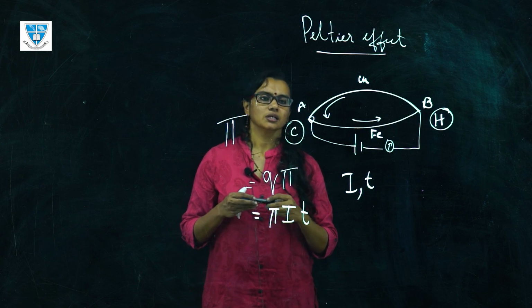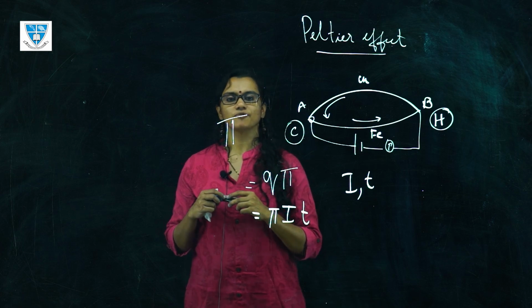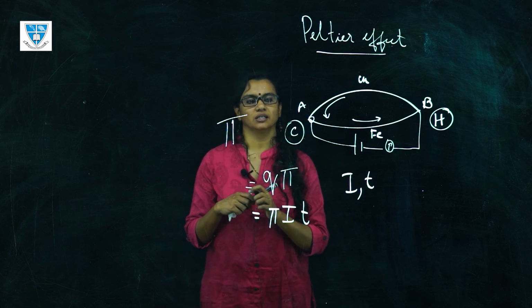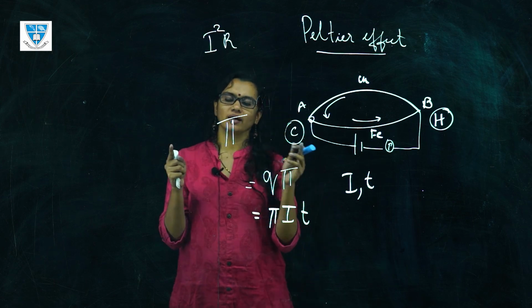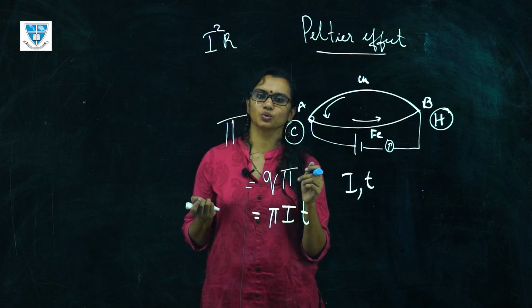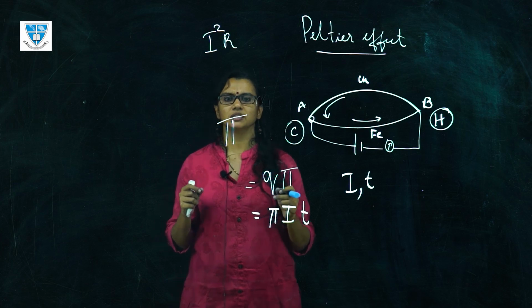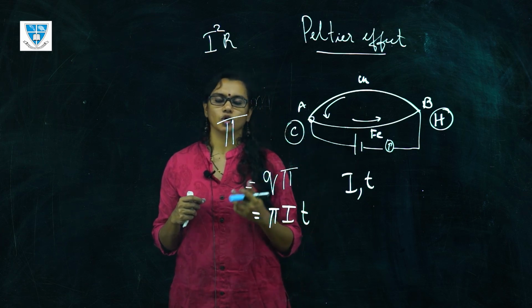This arrangement is familiar with respect to Joule's heating. What is Joule's heating? It is when you pass current through a conductor, and heat is developed inside the conductor. That is one of the major disadvantages of using conductors for transmission.